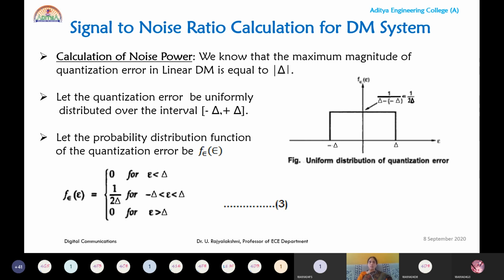But here, because the error range is from minus delta to plus delta, you will get the magnitude as 1 by B minus A, where B is delta and A is minus delta. So 1 by delta minus of minus delta, which is 1 by 2 delta.